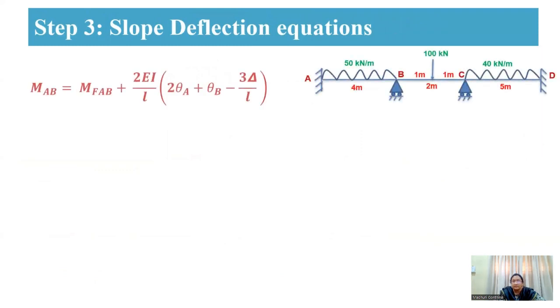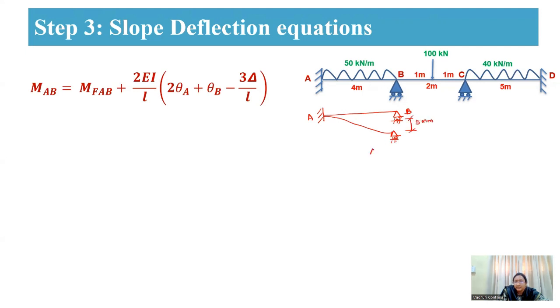For this beam, this is the generalized slope deflection equation. For suppose if you are considering the AB span, the B support has been sunk by 5 mm.